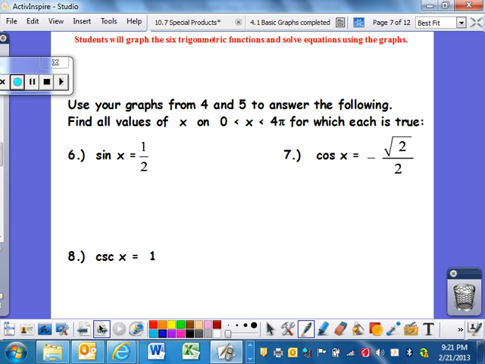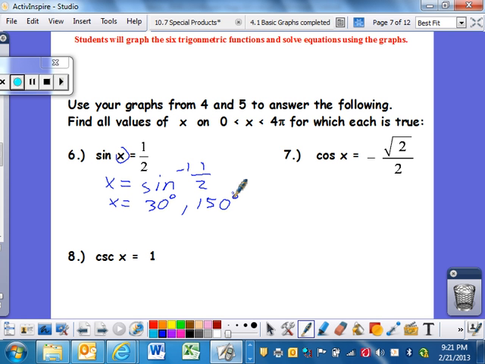So in order to find a theta, or an x in this case, we end up having to take the inverse of both sides. So we end up having sine inverse of 1/2. So this ends up giving us our angles, which are going to be equal to 30 degrees and 150 degrees.